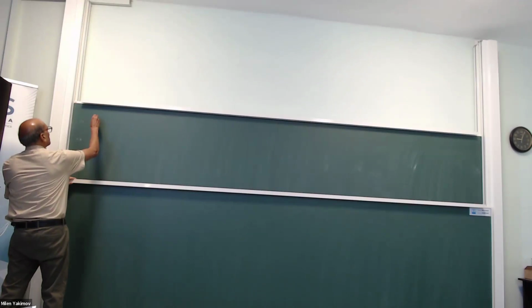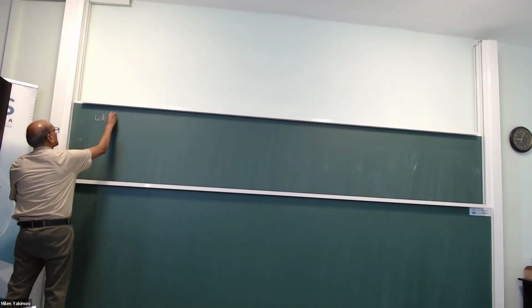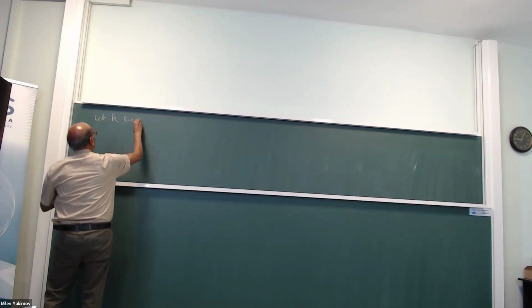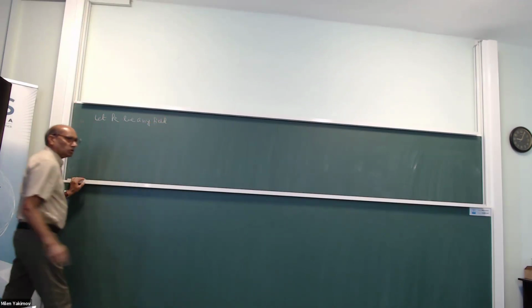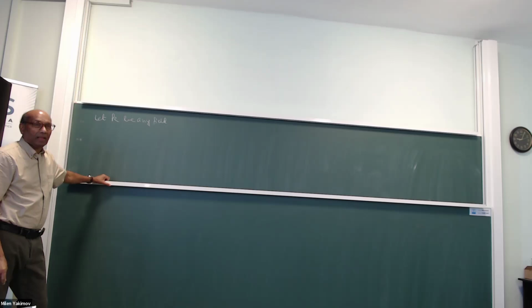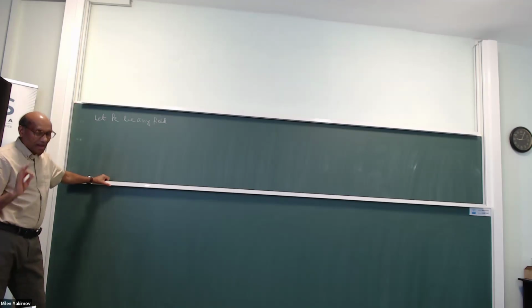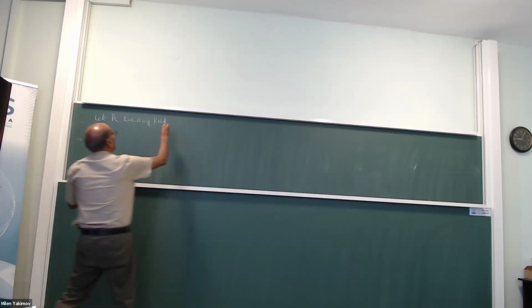Okay, very good. So first of all, let K be any field. I'm not assuming it to be algebraically closed. It can be a finite field. Actually, it's important that it can be a finite field.